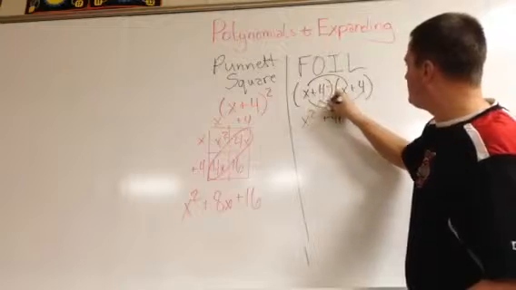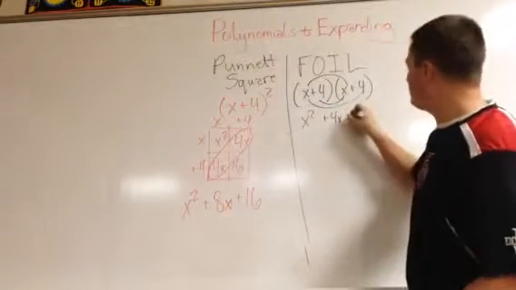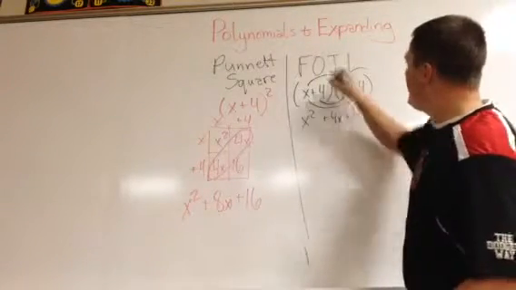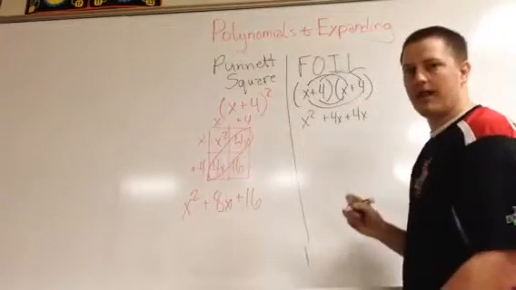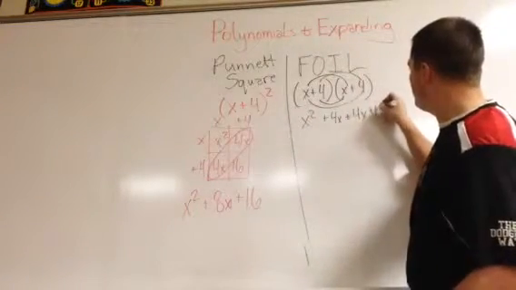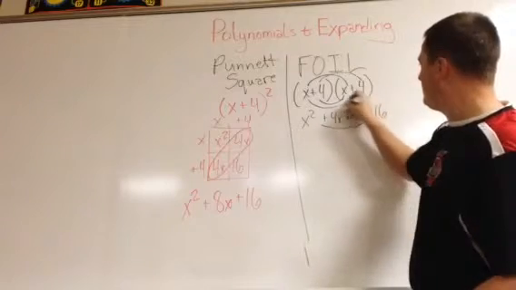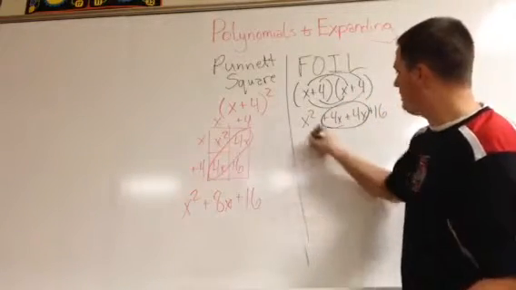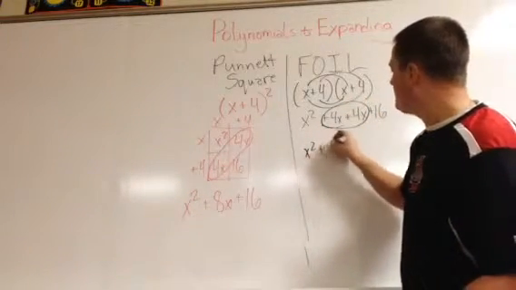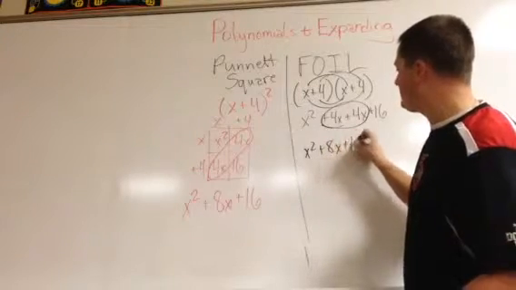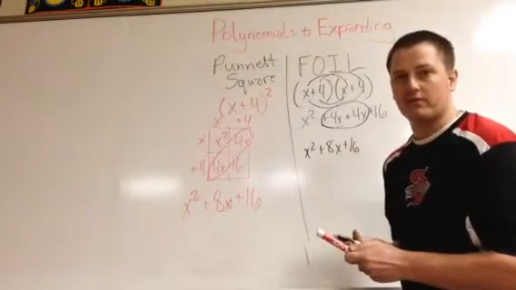The inside terms, 4 times x gives us 4x, and 4 times 4 are our last terms. They give us 16. These again are like terms, and we can rewrite x squared plus 8x plus 16. Both give us the same answer.